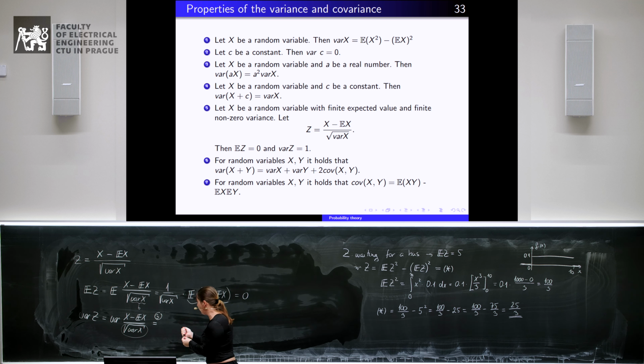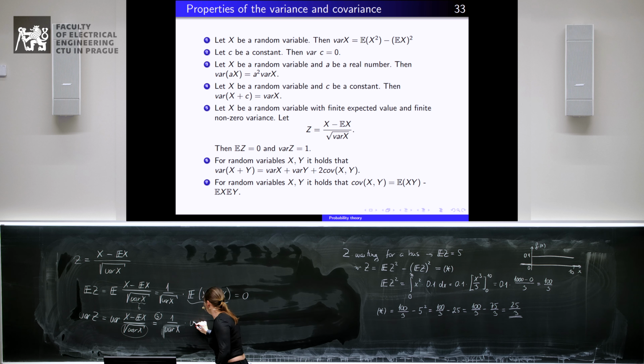So from property 3, we get the equality that it is 1 over the variance of x times the variance of (x minus EX).